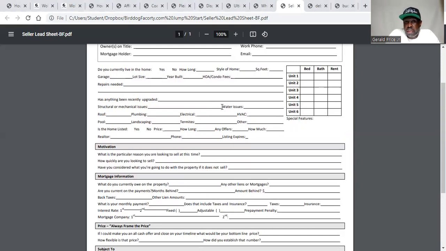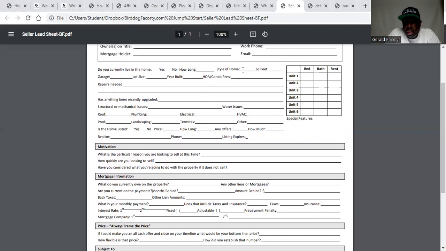If they're already out of the home, then you want to understand how long they've been out and why they had to move out of the house. It's actually good if they're not in the home, because that opens the door to some very creative strategies where you can gain access to and control of the property as you navigate your offer and your agreement.